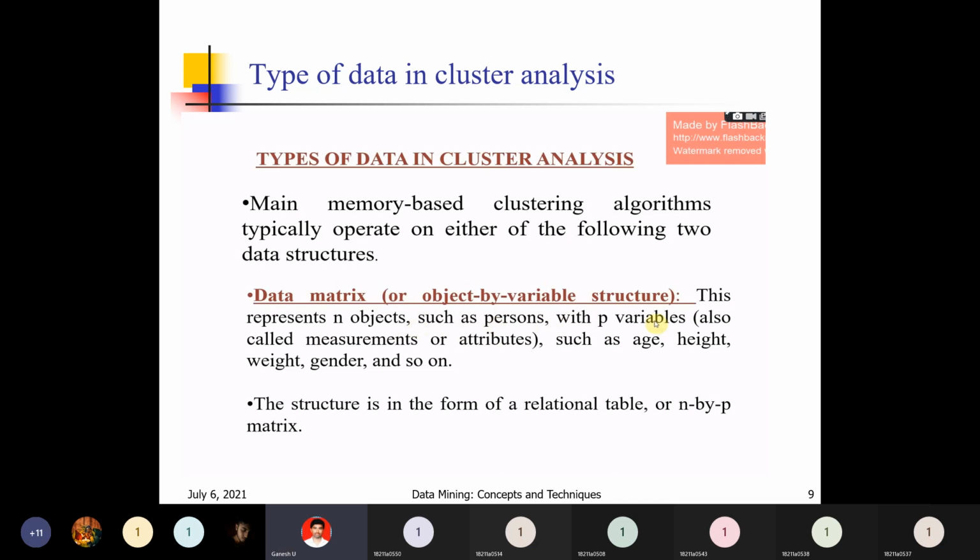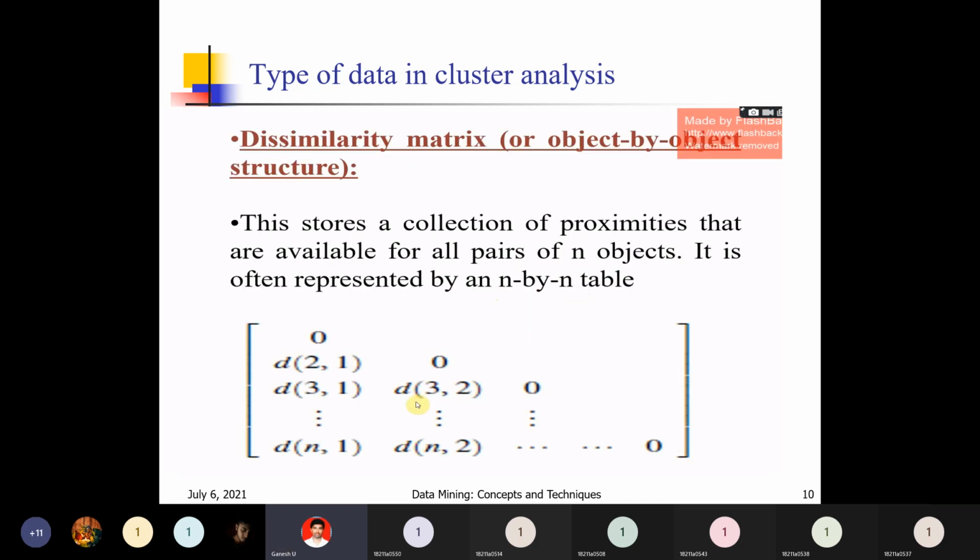The dissimilarity matrix is the object by object structure. In clustering we use some types of data with this structure, object by object. Along the x-axis and along the y-axis, in both dimensions, we use objects.